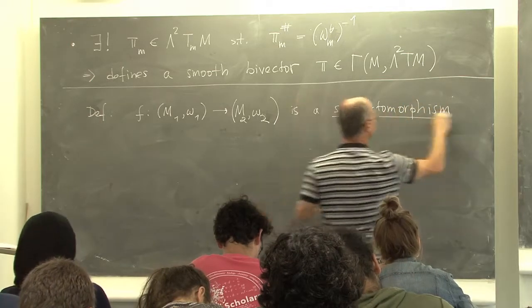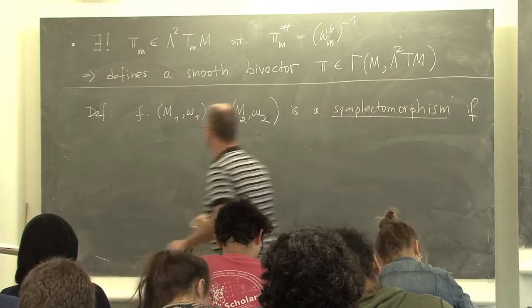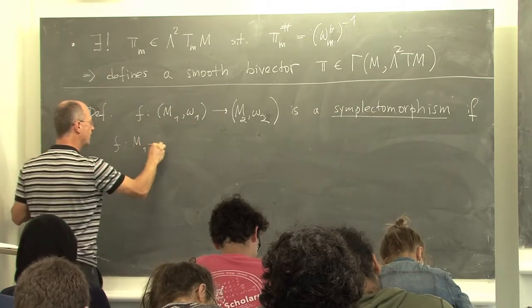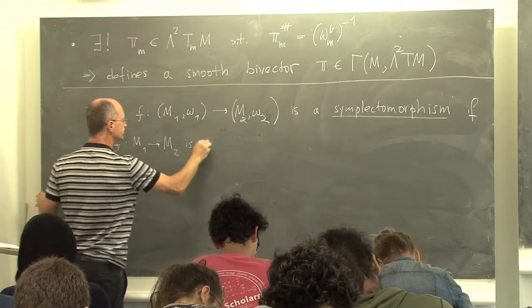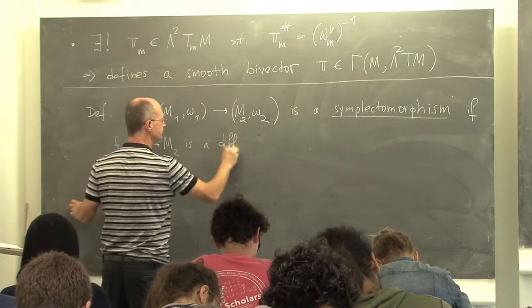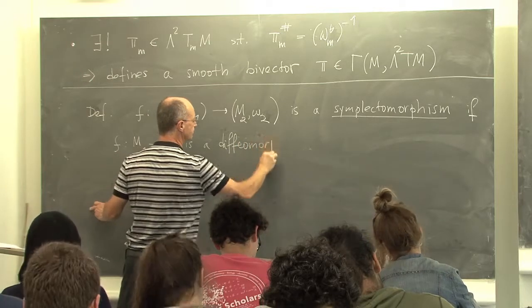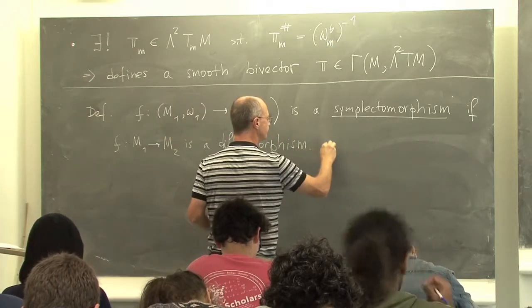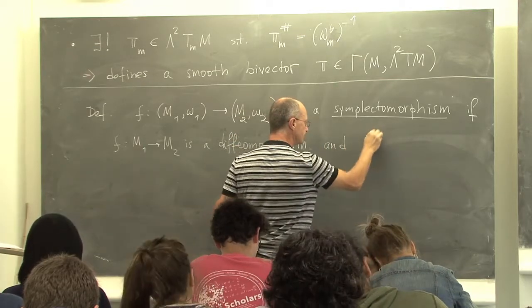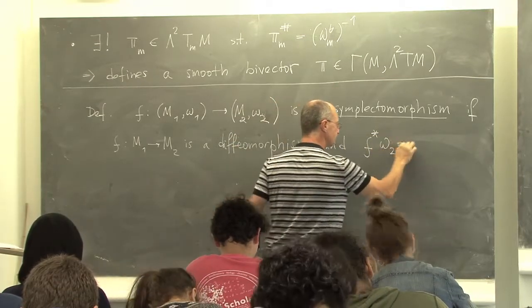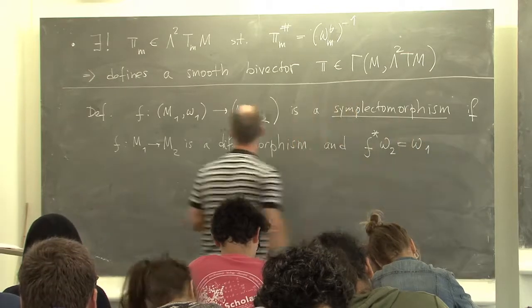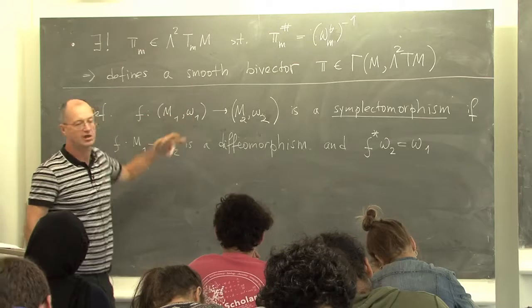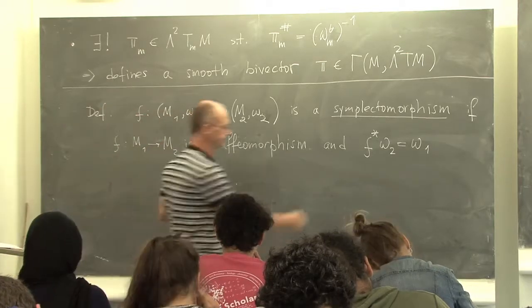So F is a symplectic morphism if the map itself is a diffeomorphism, and the pullback of omega 2 by F to M1 coincides with omega 1.